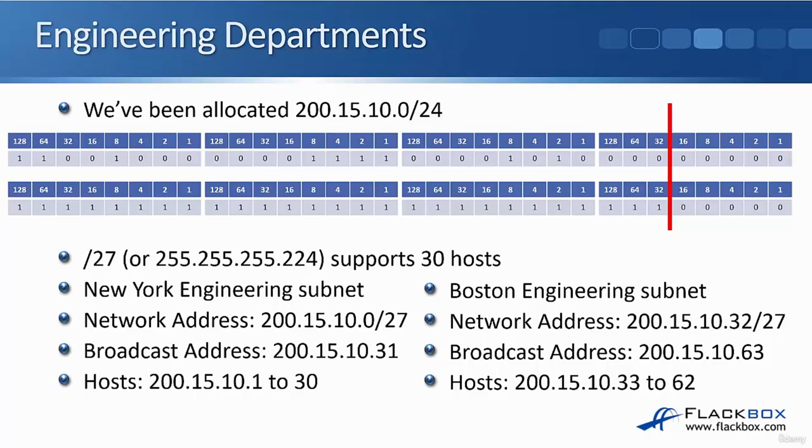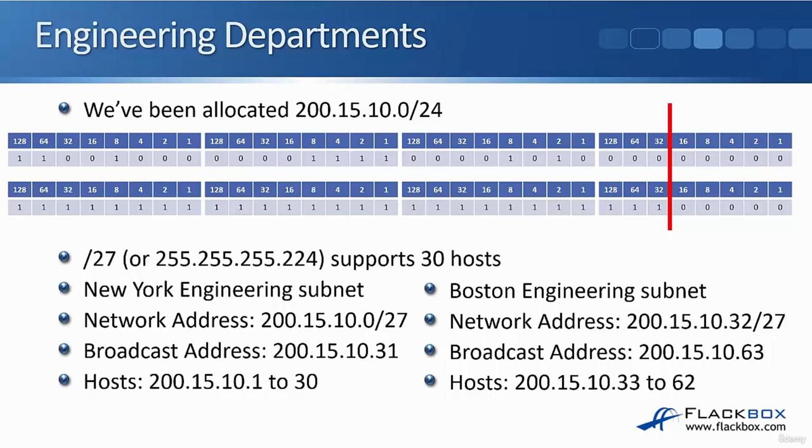So the next network address is going to be 200.15.10.32, which means that the first subnet's broadcast address is going to be one less than that. It's going to be 200.15.10.31. And that leaves addresses available for our hosts of 200.15.10.1 up to 30. Okay, so that's the engineering subnet.